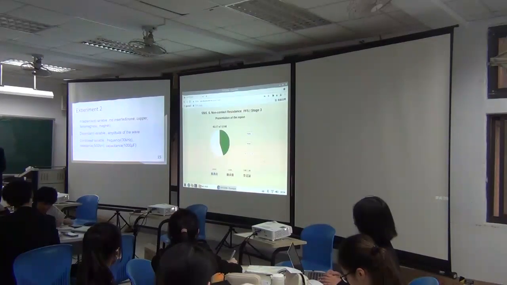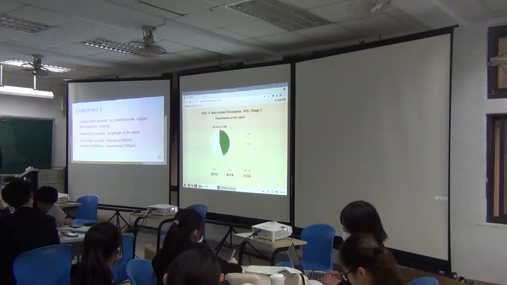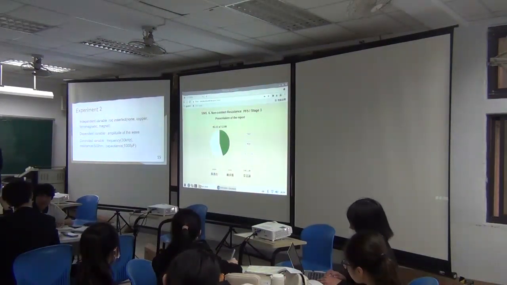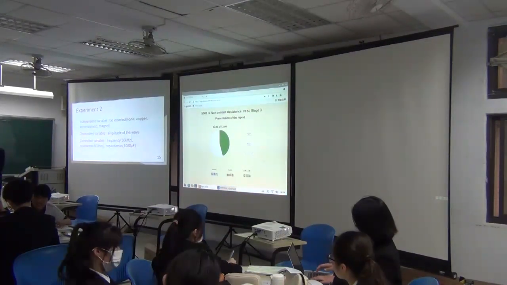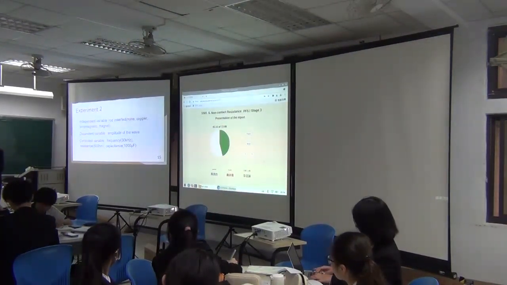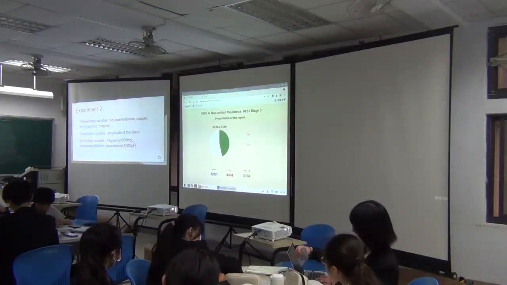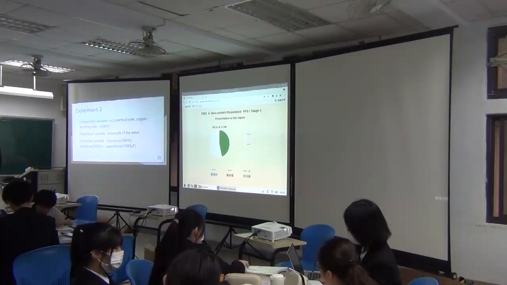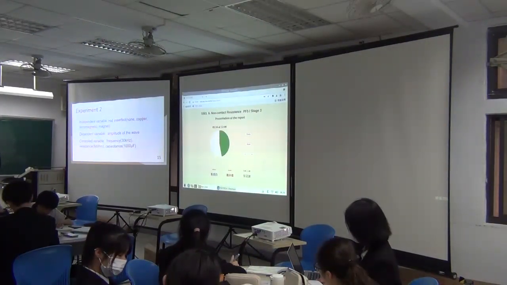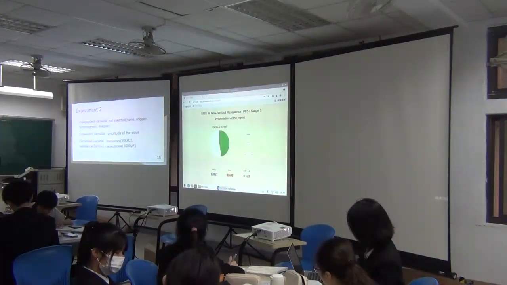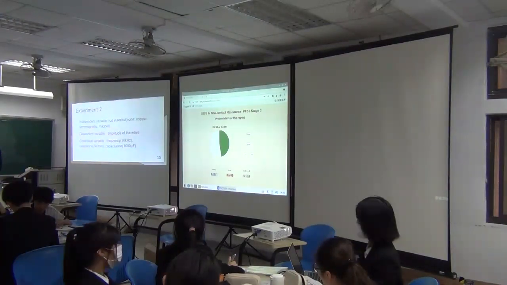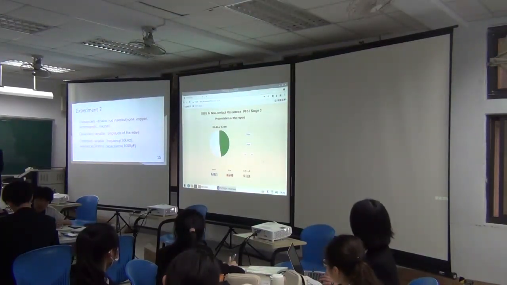In experiment 2, our independent variable is the rod inserted, and we chose four conditions. The first is none, and then we inserted a copper rod, a ferromagnetic rod, and a magnetic rod.